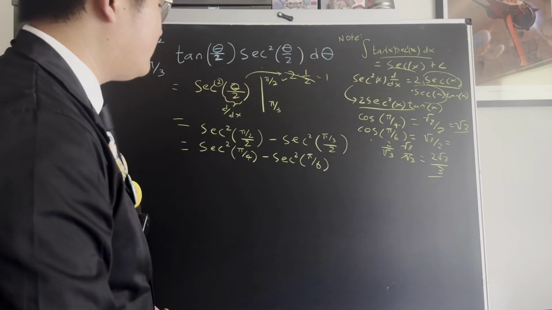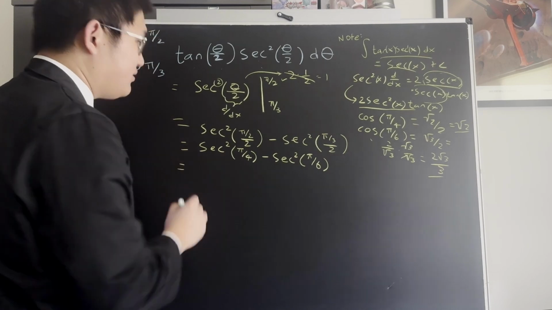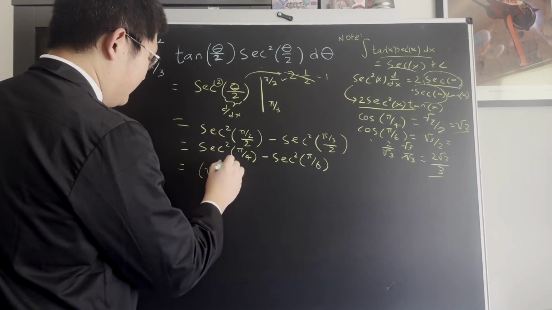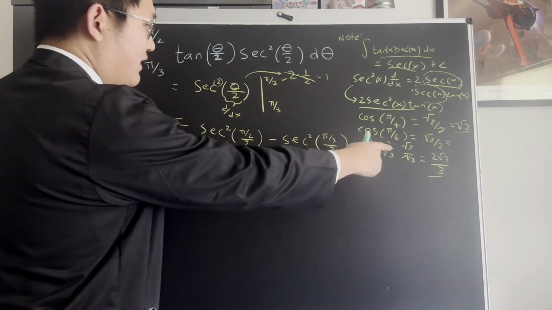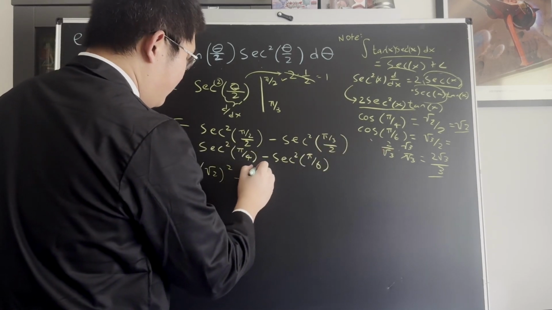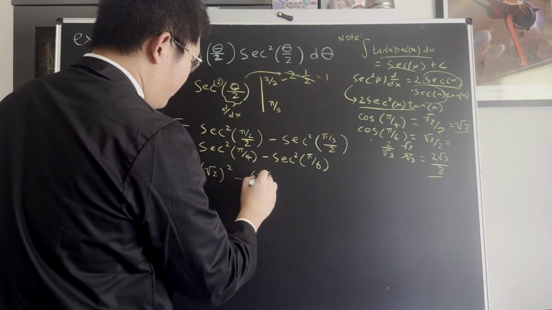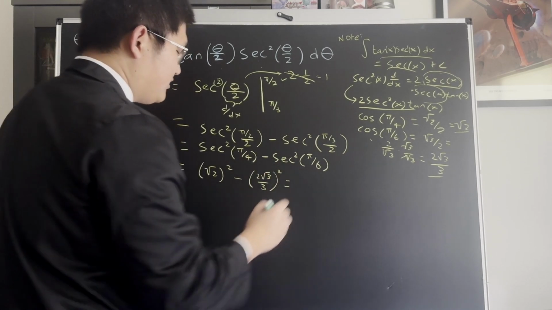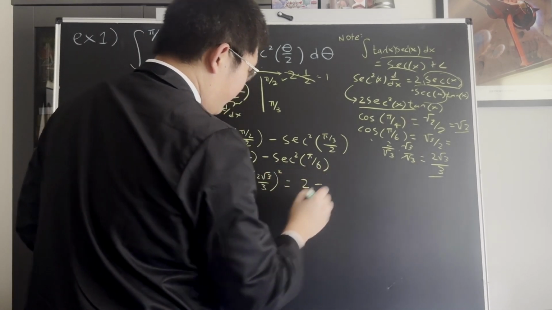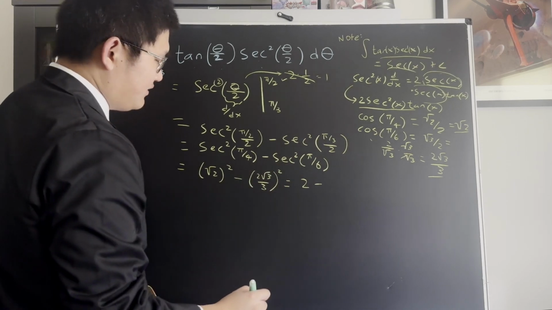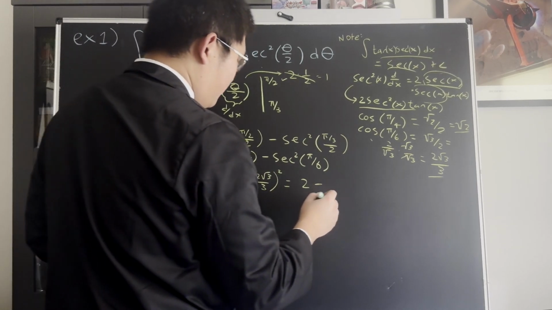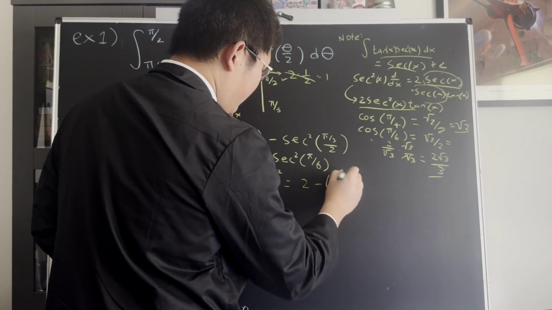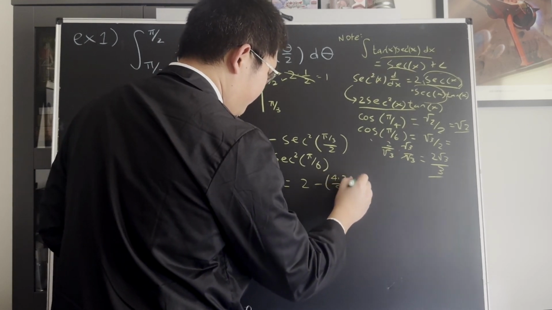Okay, and with that, we can substitute all of that in there. So it's going to be rad 2, all of that squared, minus, from the other side, 2 rad 3 over 3, all of that squared. And so we end up with a 2 minus, from the second squared, 4 times 3 all over 9.